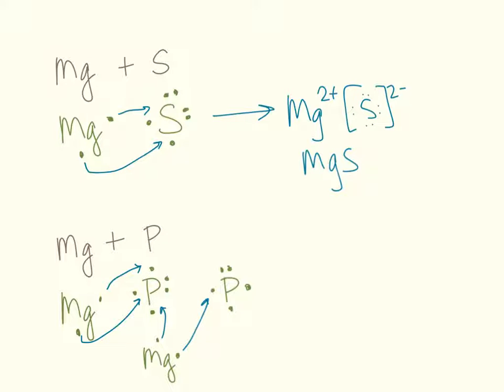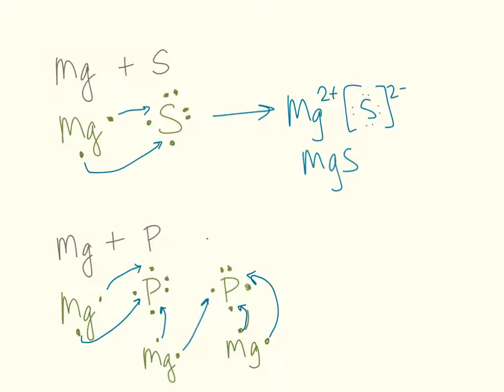So I'm going to add 1 more magnesium. And so this will go here, and that will go there. And so now all my electrons have been moved to the more electronegative atom, and magnesium has lost its electrons.